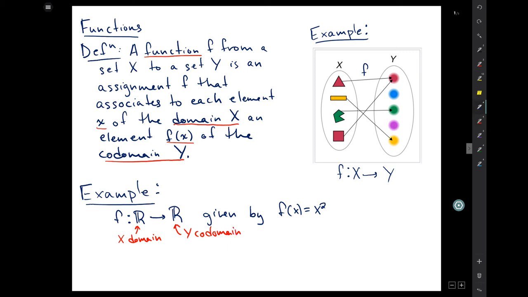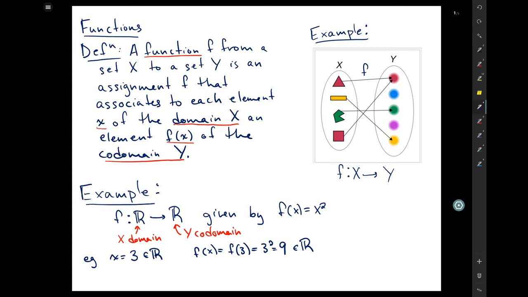So for example, if I have little x equal to 3 in my domain R, then f of x, which I denote by f of 3, is going to be 3 squared, which is 9, and this is an element of my codomain Y. So in this case, the element 3 of the domain gets sent to the element 9 of the codomain.